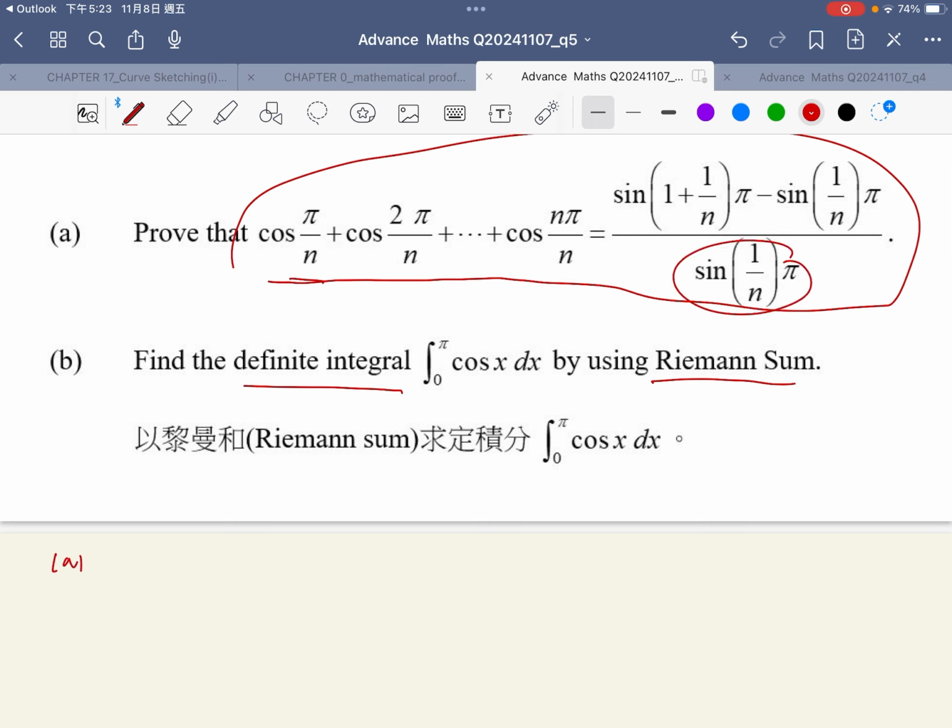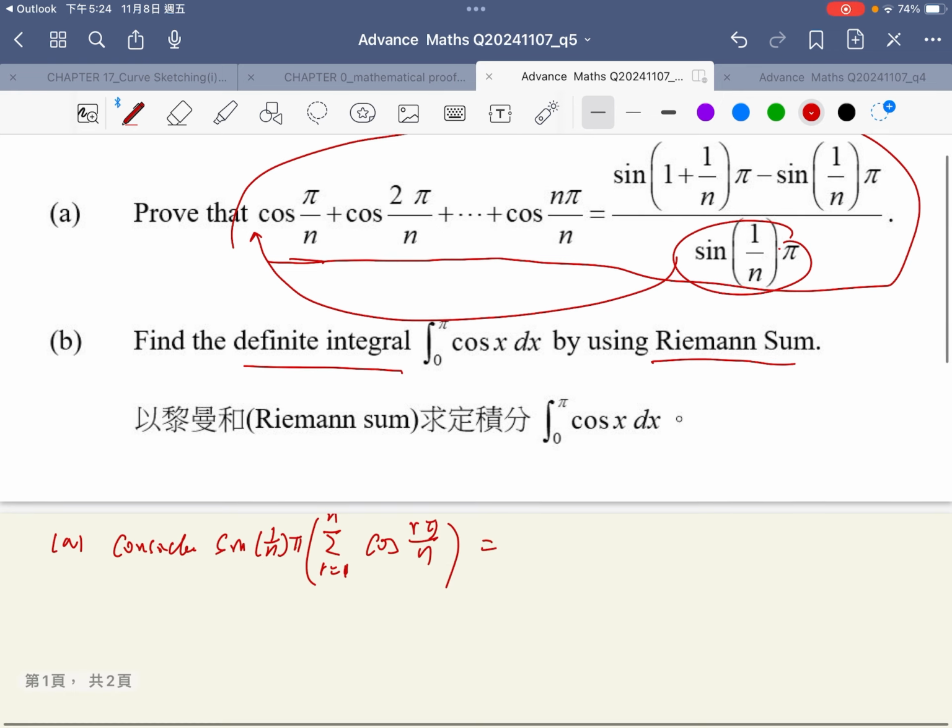I move the denominator of the right hand side to the left hand side. Consider sine of pi over n times the summation r from 1 to n of cosine r pi over n.